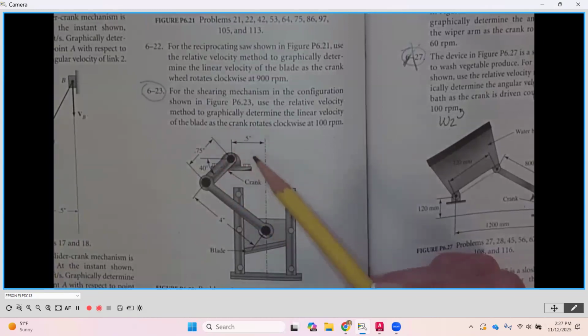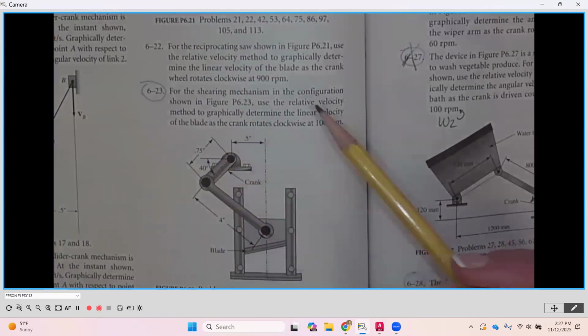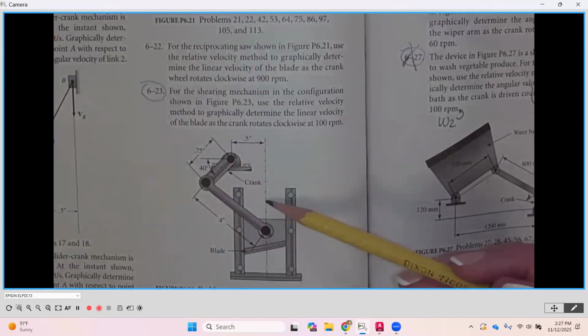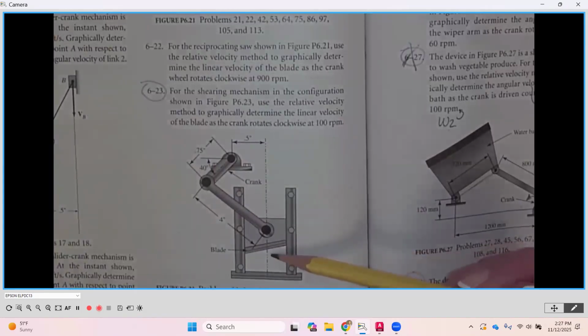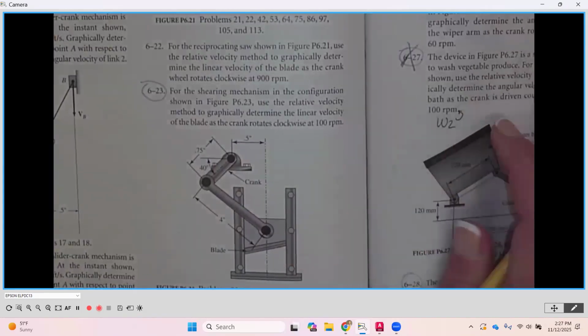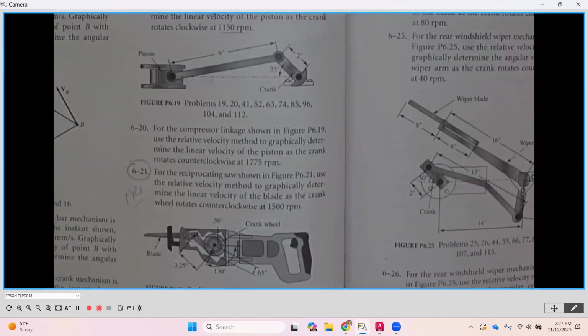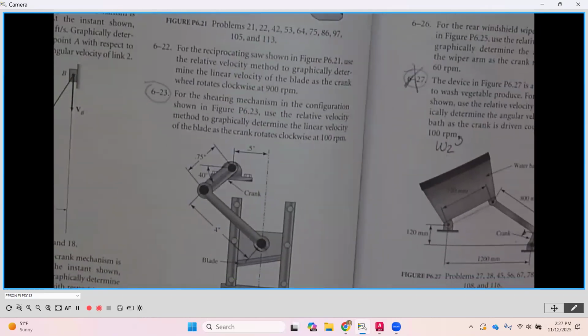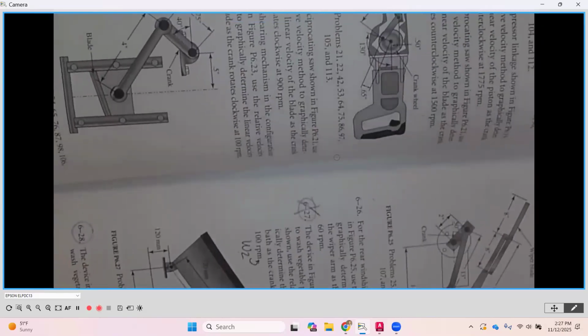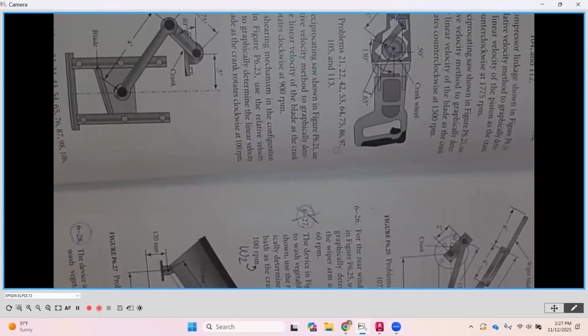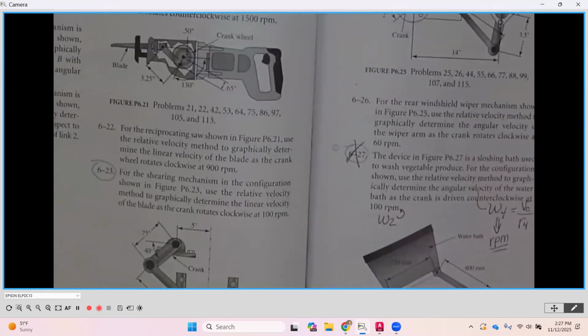So the crank is going around this way, and you want to know the linear velocity of that blade at this moment. This is another slider crank mechanism, except it is oriented vertically, where the ones we were looking at were horizontal. Only difference there. Otherwise, the process is the same.